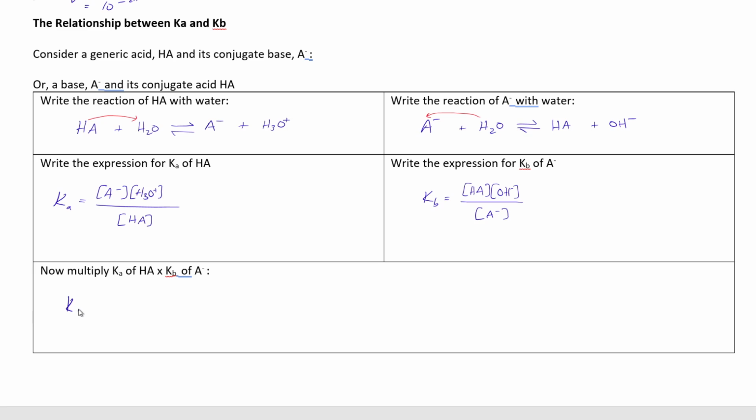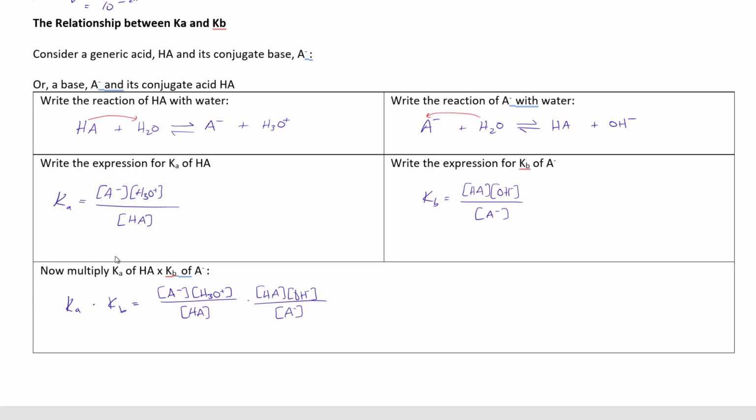So Ka times Kb is equal to, and I'll just write this out, A minus H3O plus all over HA, that's my Ka, and then Kb is HA OH minus all over A minus.